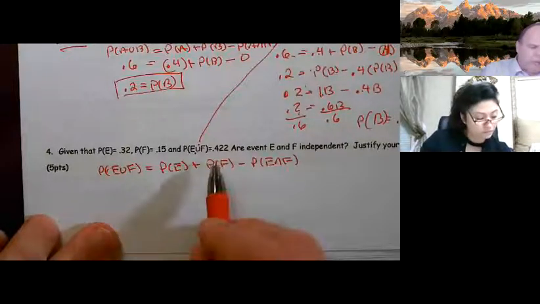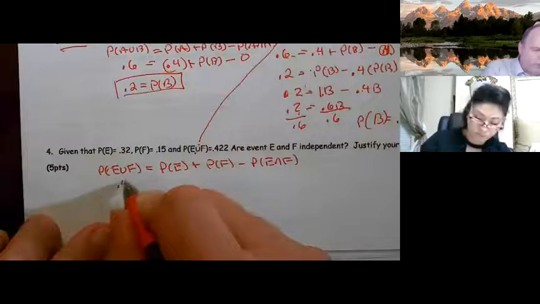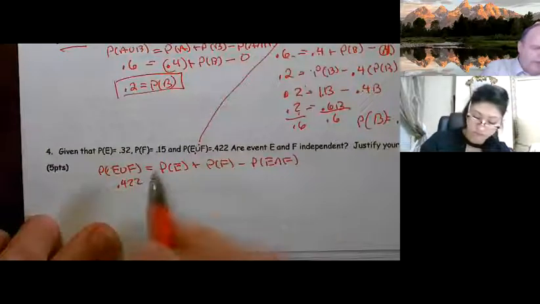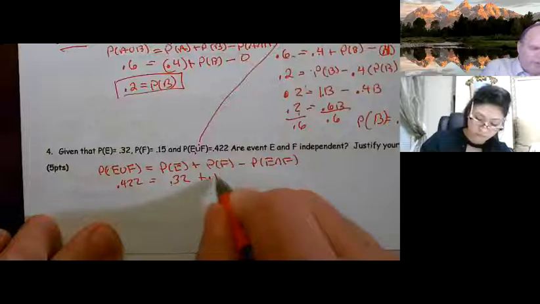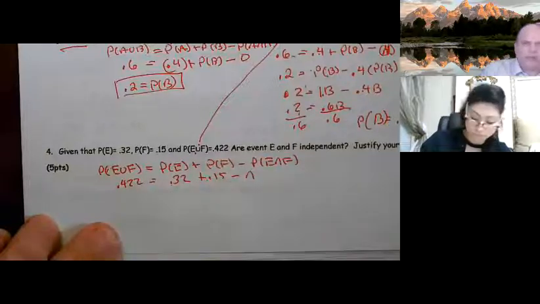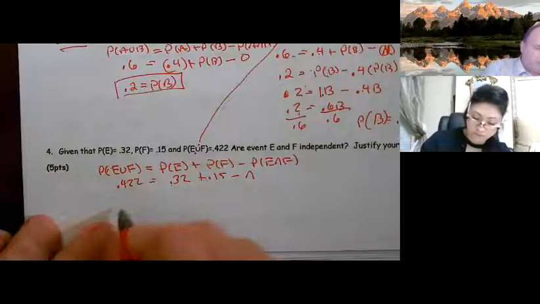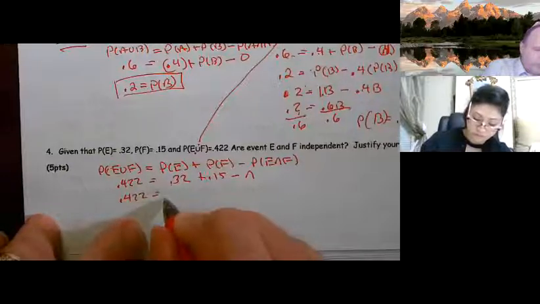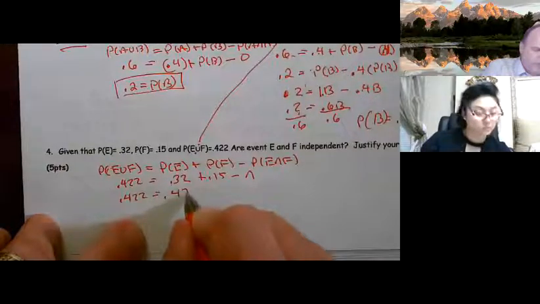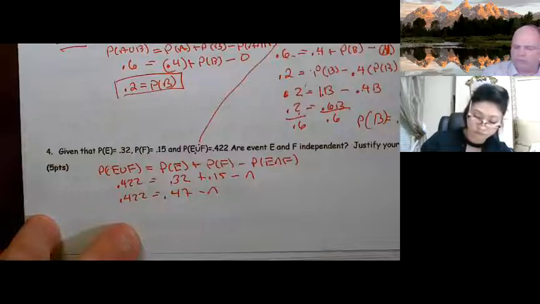So immediately I see, okay, well, I have 0.422 here. I have 0.32 here. And I have a 0.15 here minus my intersection. So I end up with 0.422 equals 0.47 minus my intersection.